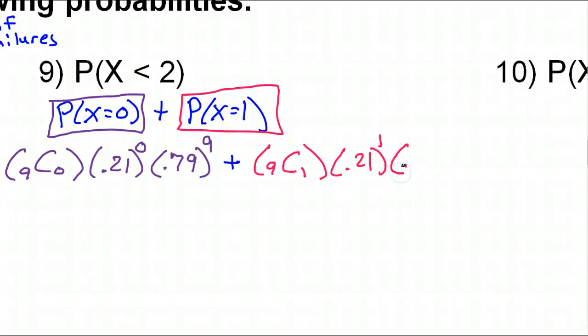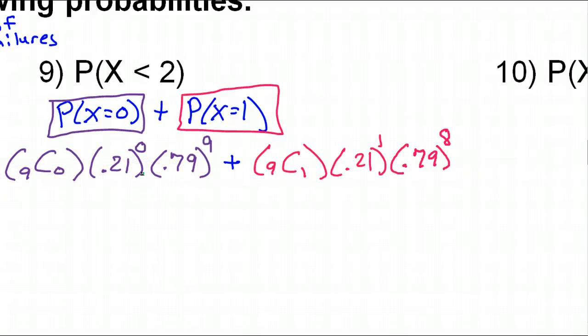And then times the probability of failure, and the power is the number of failures. If there's a total of 9 and 1 success, that means 8 failures. So if I add up these two probabilities, that's going to give me the probability I was looking for.